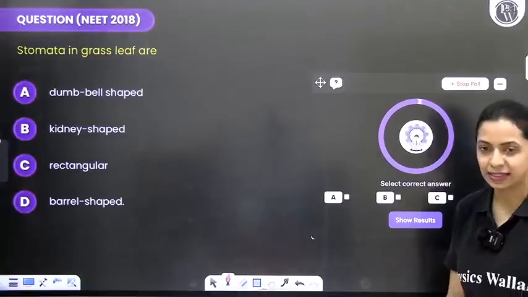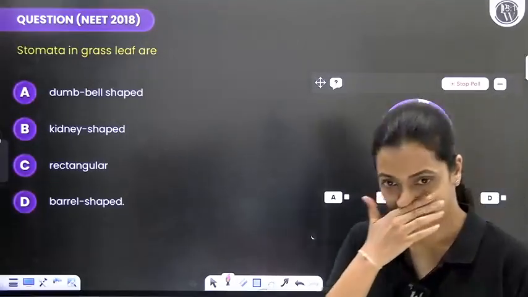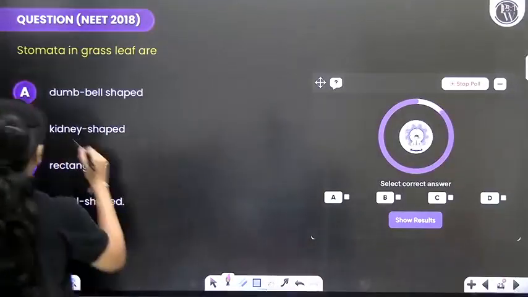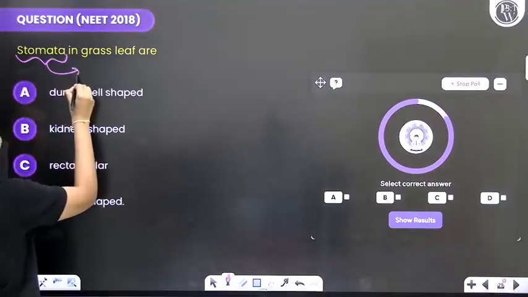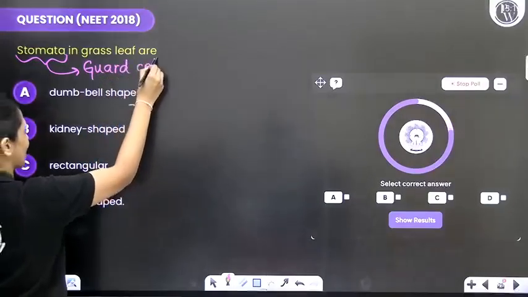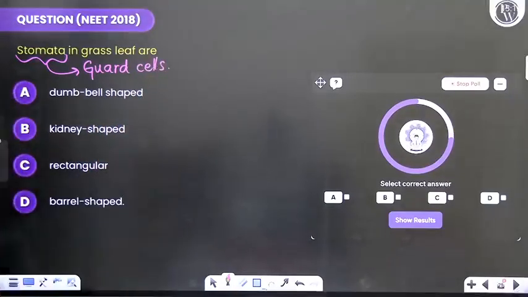Stomata and grass leaf. Actually, the question should be not stomata and grass leaf, it should be guard cells in grass leaf. Guard cells in grass leaf is of what shape? Grass is a monocot.